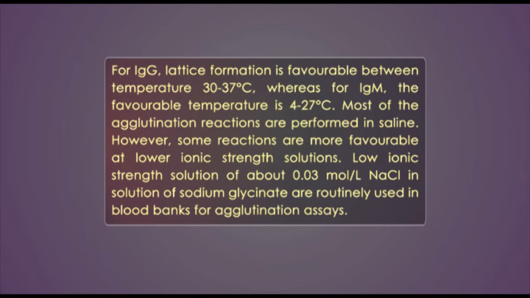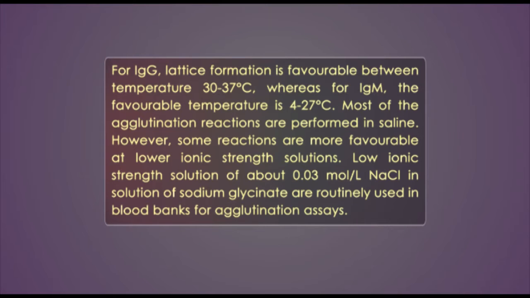Temperature also affects agglutination at the lattice formation stage. For IgG, lattice formation is favorable between 30 to 37 degrees Celsius, whereas for IgM, the favorable temperature is 4 to 27 degrees Celsius. Most of the agglutination reactions are performed in saline.